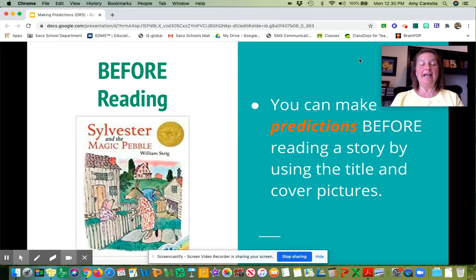And I have a version where it is a read aloud, and we will use that probably as an assessment for making predictions. But we will also use other picture books to practice this because it does require a little bit more practice than some of the other during reading strategies, such as visualizing or looking up unfamiliar words.